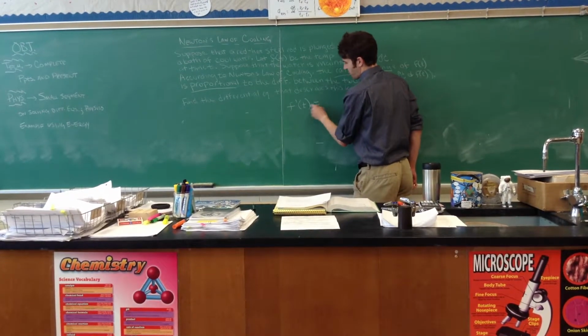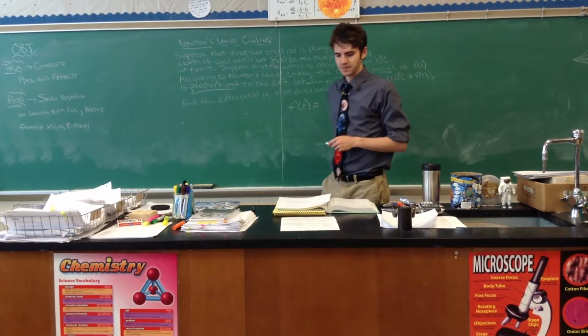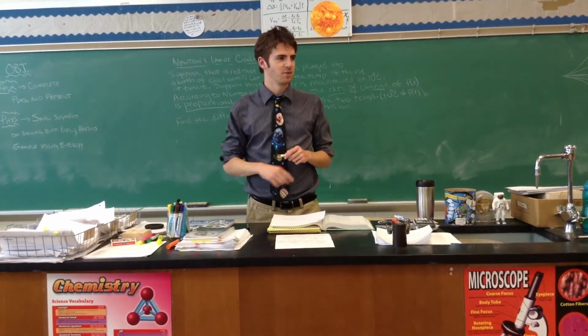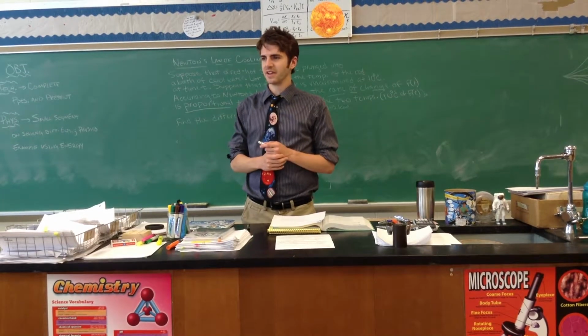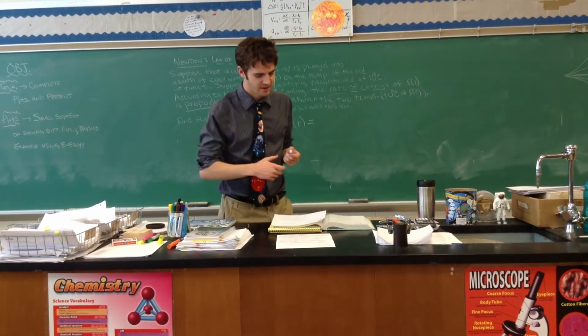So the rate of change of the rod, the derivative of that function, is equal to, now we just talked about constants of proportionality, and where did they go? Did they go out front? They go in front. Yeah, right.